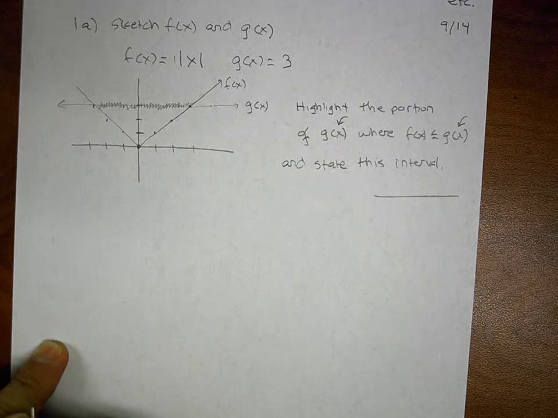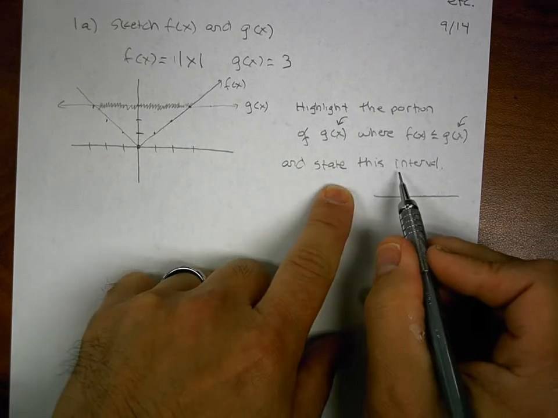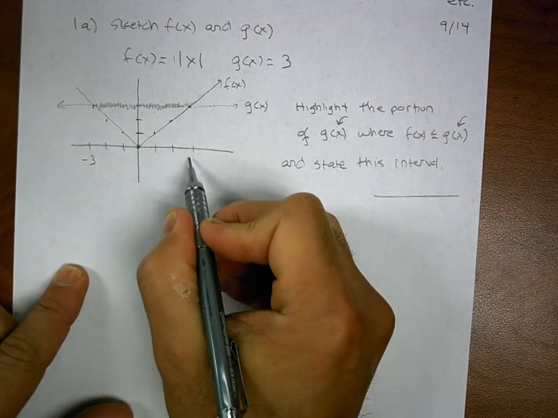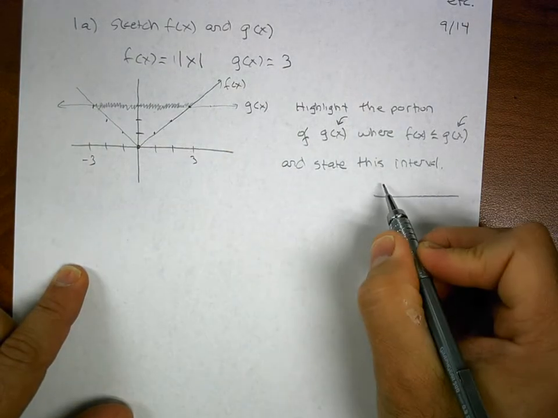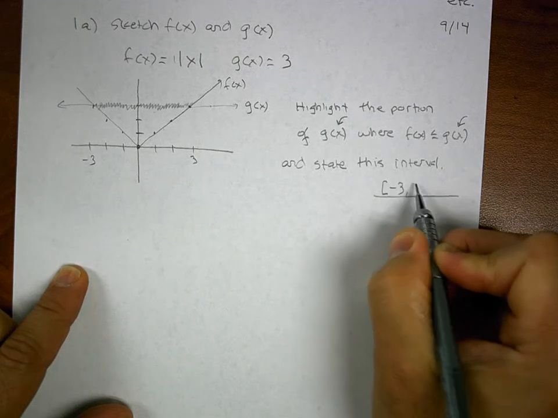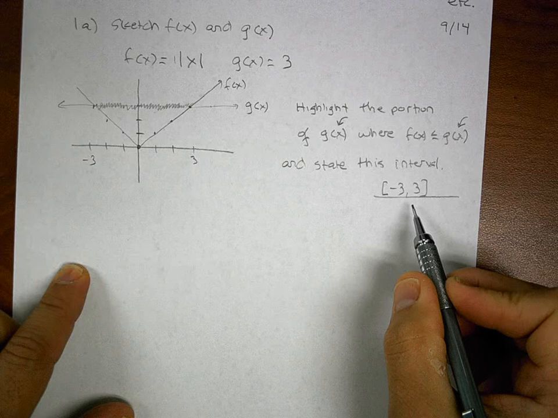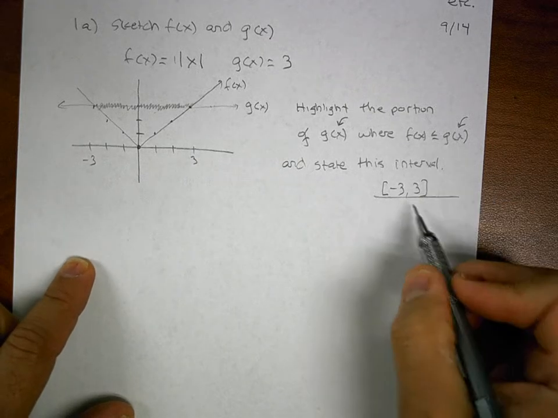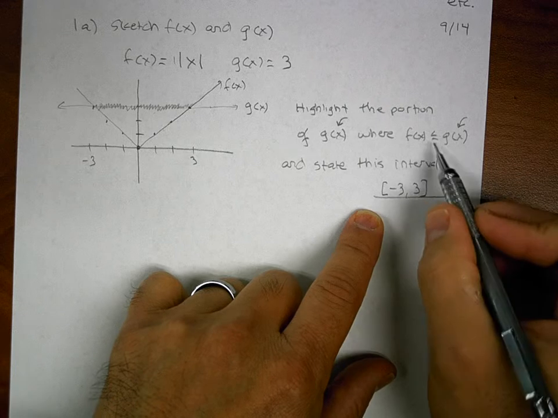All right. And then state this interval. I'd say from negative, I think this is -3, right? And all the way to 3. So I'm going to put square brackets, from -3 all the way to 3. That's where g of x is greater than or equal to f of x. I put a square bracket because it's greater than or equal to.